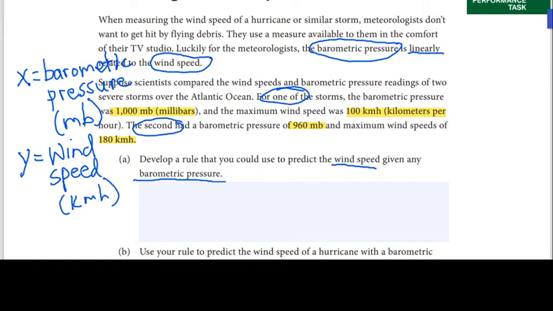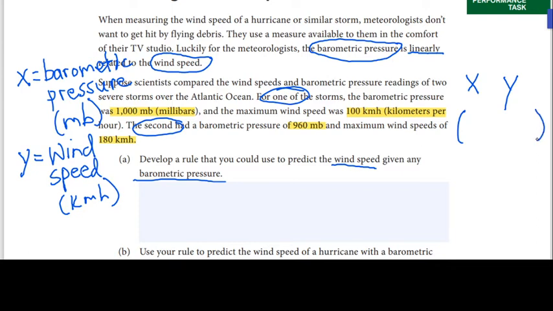Over here on the right, I'm going to say X and Y and create a little table. They've given us two storms, which represent basically two points on a graph. How do we write points on a graph? We go x comma y.